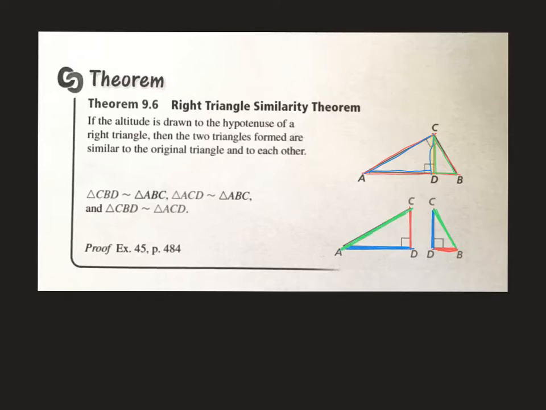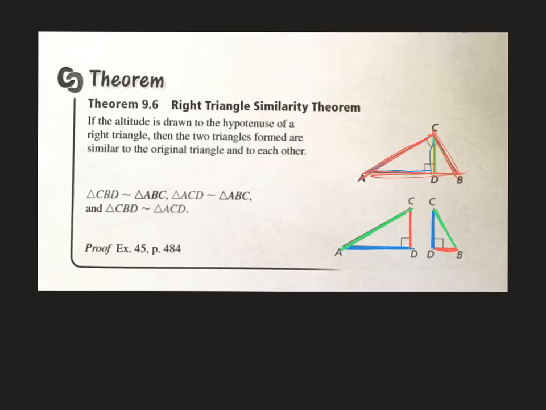So what you need to know is that those 3 triangles, because we have our main triangle that we started with, ABC, the original, and then the 2 triangles it turns into, triangles CBD and ACD, those are all similar to each other.